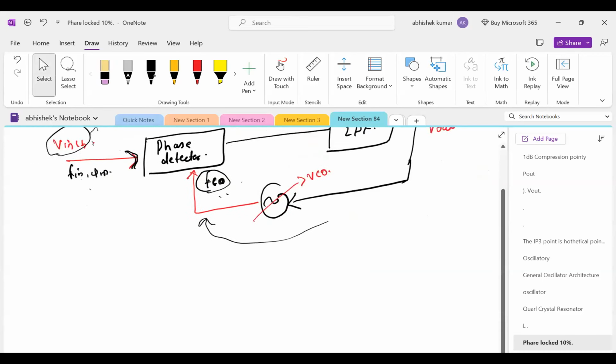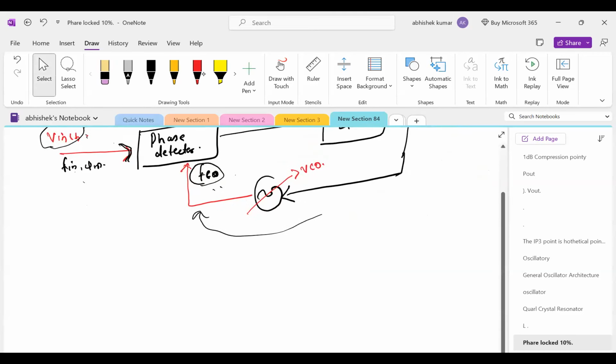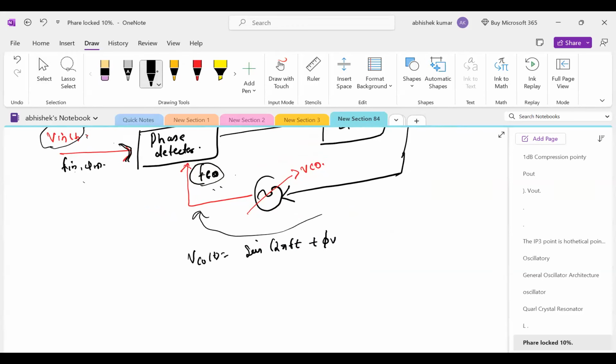Okay, consider that we have two signals with the same frequency and with some phase shift. Suppose we have the VCO with phase shift, sine 2 pi f t plus phi VCO.